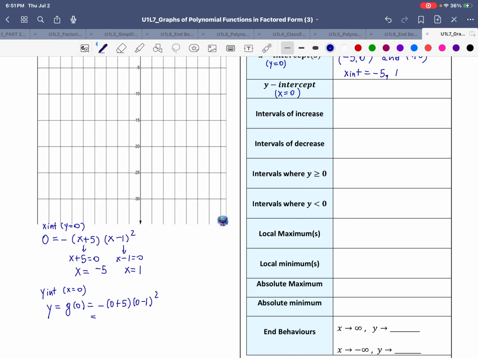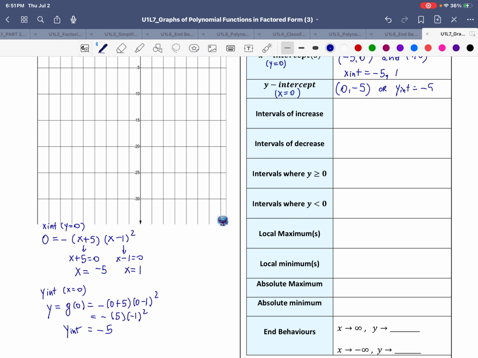So this would be negative 1 times 5 times negative 1 squared, or simply negative 5. So the y-intercept is negative 5. We're going to write (0, negative 5) for the y-intercept, or you can write y-intercept equals negative 5.